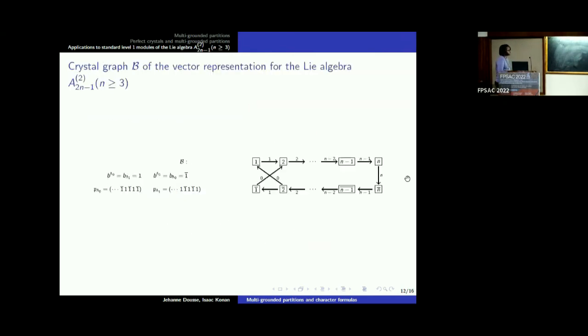And you have this perfect crystal for the type A2n minus 1, 2 for the level 1, and there are only two level 1 weights for this type, which are lambda 0 and lambda 1.